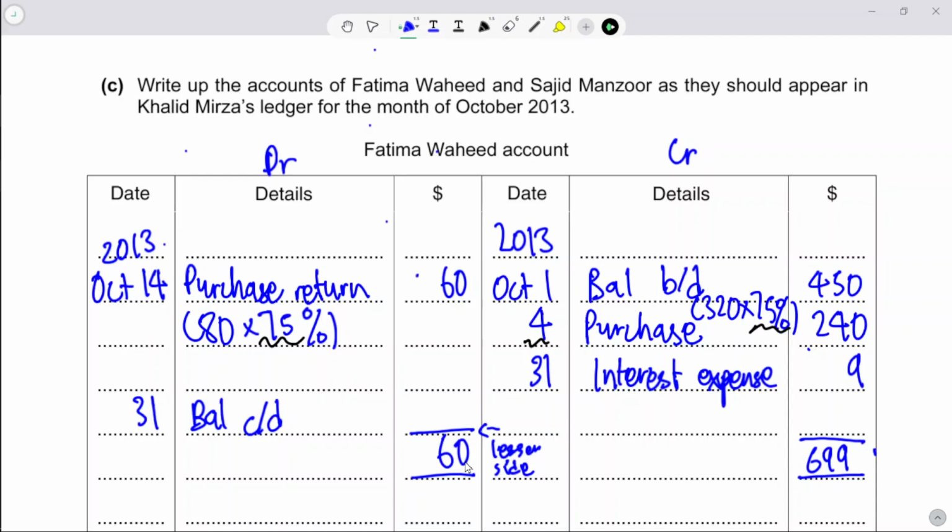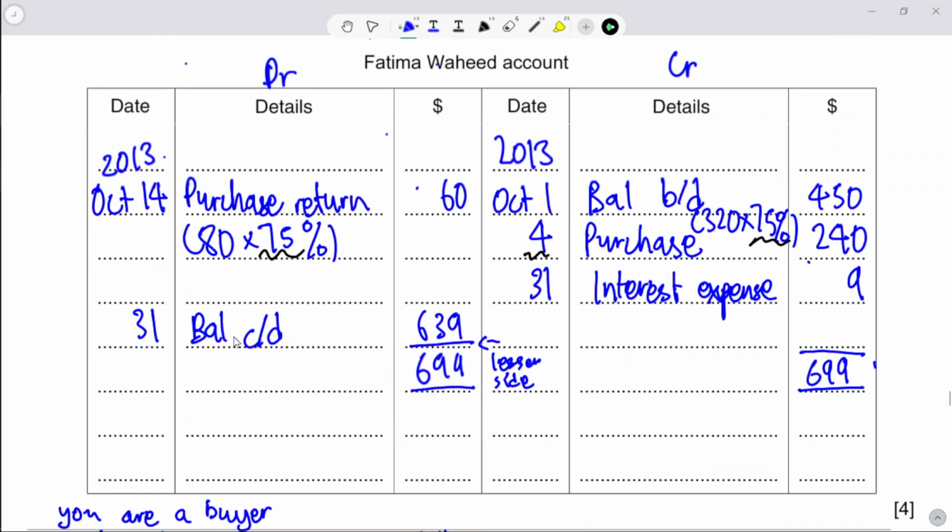This minus this, you get 639. Then make it balance, and bring down to the next day, November 1, 2013, at 639.